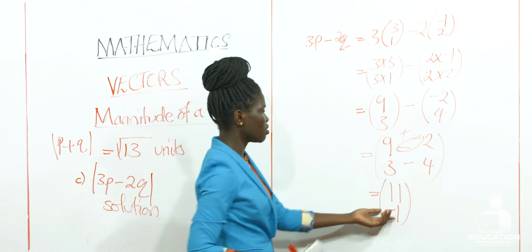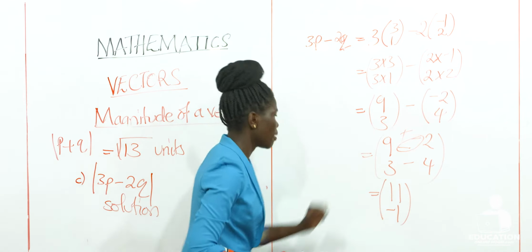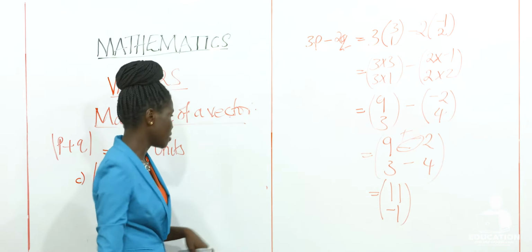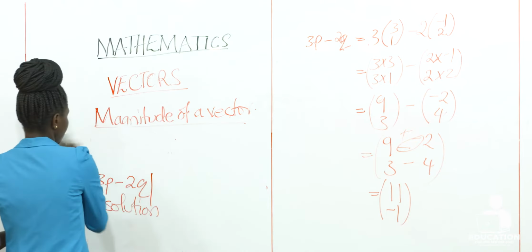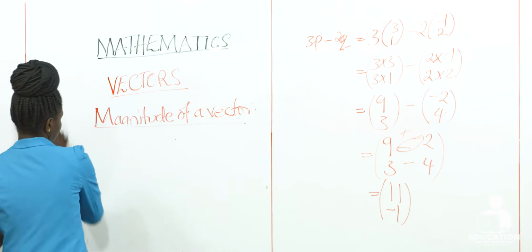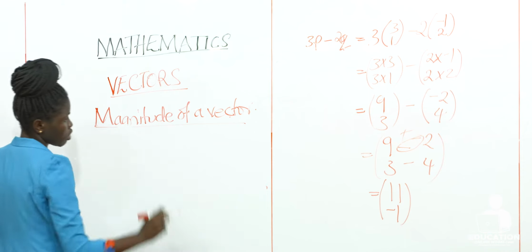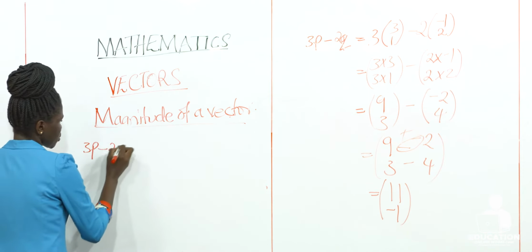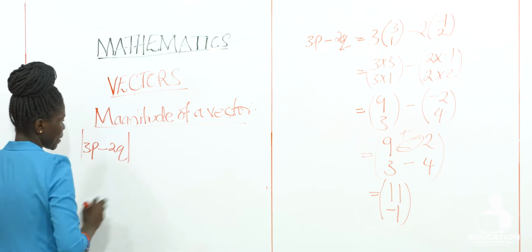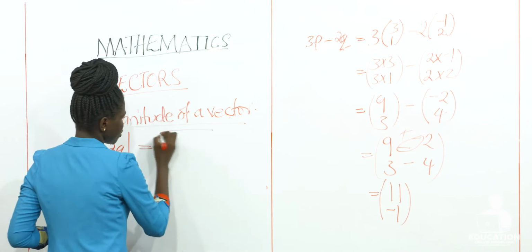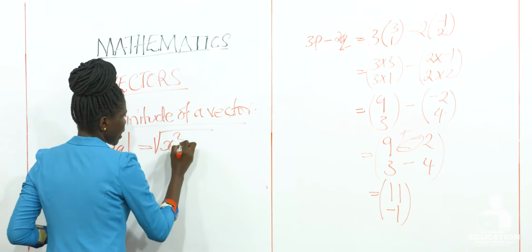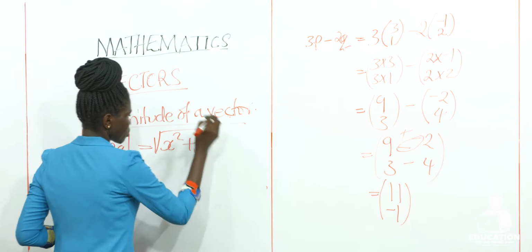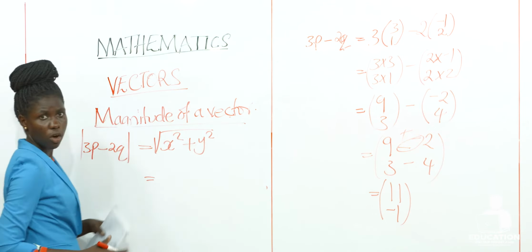After having this, we shall now go on to find the magnitude of 3p minus 2q. To get a magnitude, we said it is simply the root of x squared plus y squared. And what is our value of x in this case?